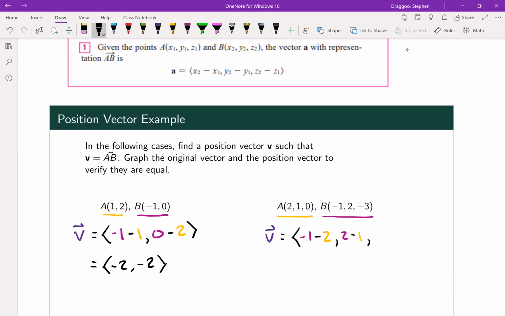And finally, -3 minus 0 on the z component, giving us the vector <-3, 1, -3>.